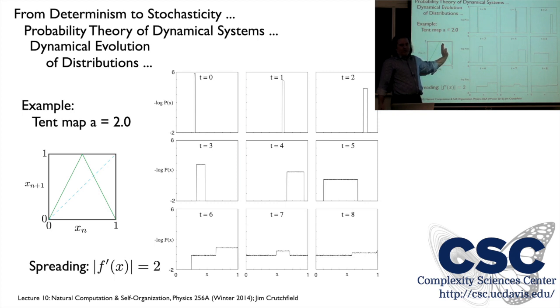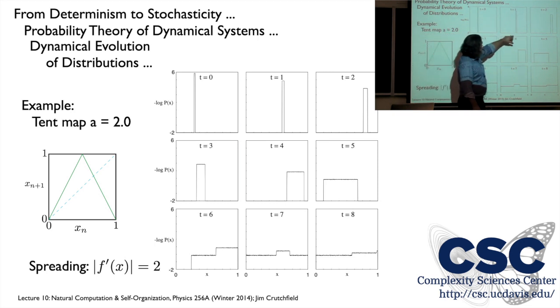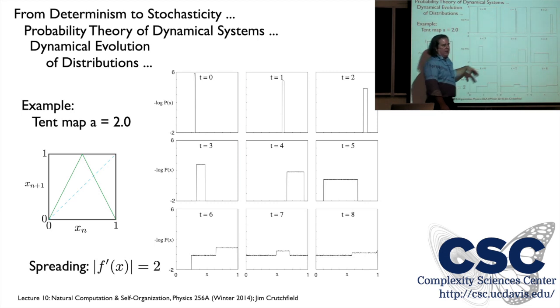But as you remember from the first way we described how we push the distribution forward, it doesn't really matter what the sign of the slope is. It's just the stretching factor. The absolute value of the slope is what's important for how the probability amplitudes change with time. So this actually looks fairly similar. There are some differences in detail. Okay, support moves, amplitudes come down exactly the same way as before, because it just doesn't matter.